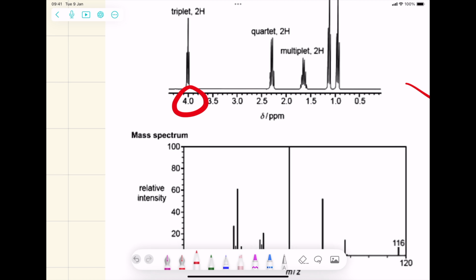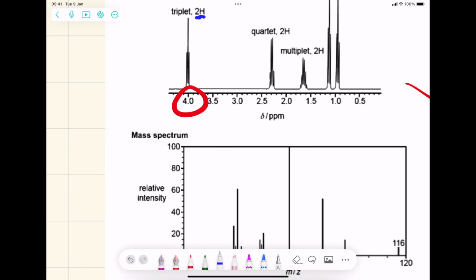So you can see from the peak that it's a triplet, and that the area or the integration of that environment is 2H. So what does that mean? It means in that proton environment there are 2 hydrogens, and those 2 hydrogens must be next to a carbon which also has 2 hydrogens, because it's split into a triplet.